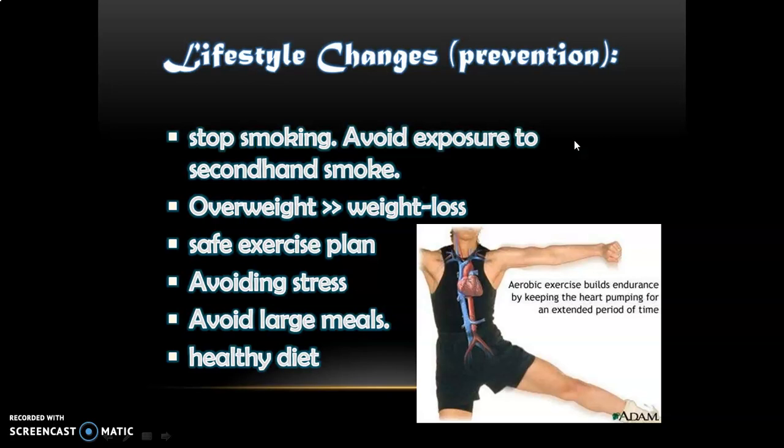We can use a safe exercise plan, avoid stress, avoid large meals, and eat a healthy diet. Aerobic exercise builds endurance by keeping the heart pumping for an extended period of time. So we can follow these lifestyle changes so that prevention can be the major approach for anginal attacks.